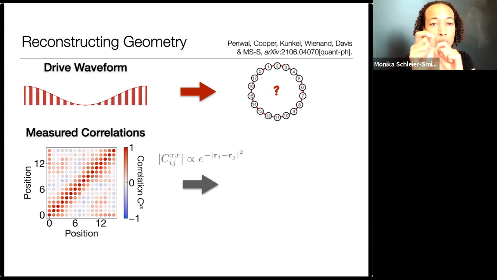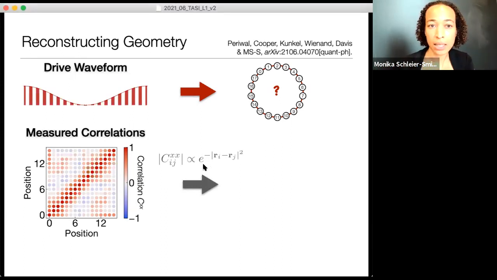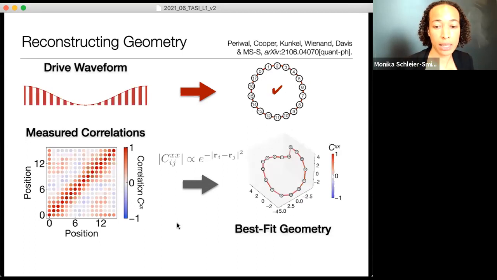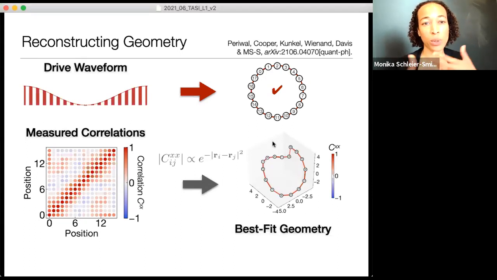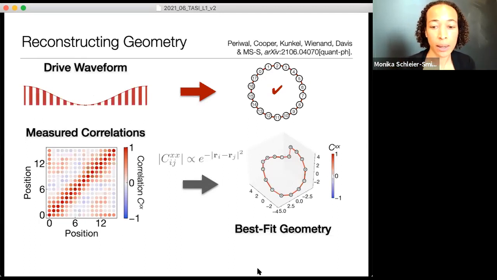And so you can ask, what is the best fit embedding of these sites in 3 dimensions to explain the structure of the correlations in this system under this ansatz that they decay with distance? And what one sees is that the best fit geometry is actually, in fact, a ring. So this is really just taking the data and asking what are the coordinates that best explain the correlations.